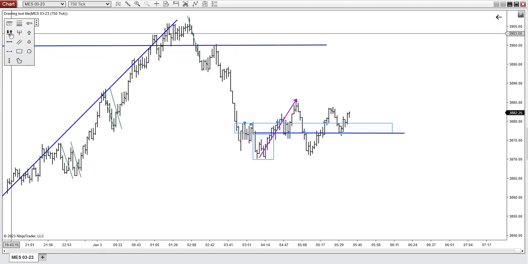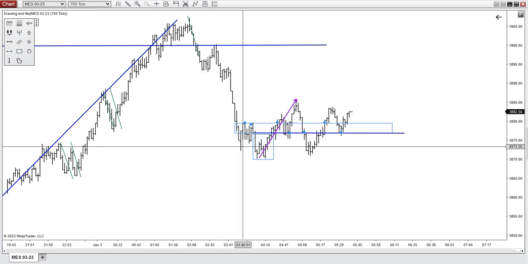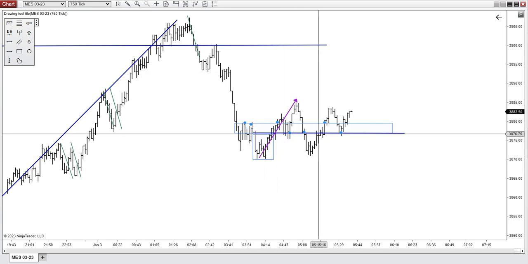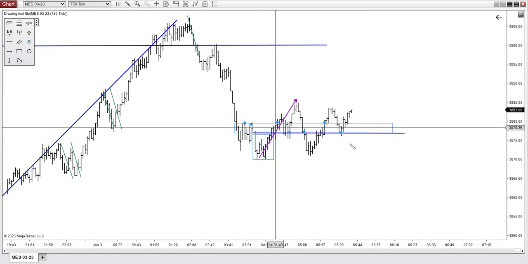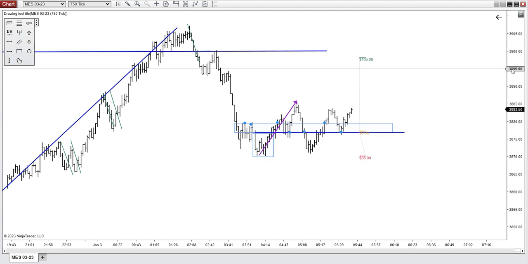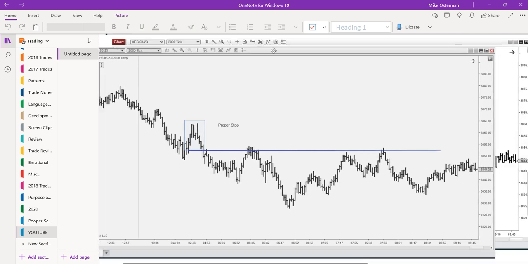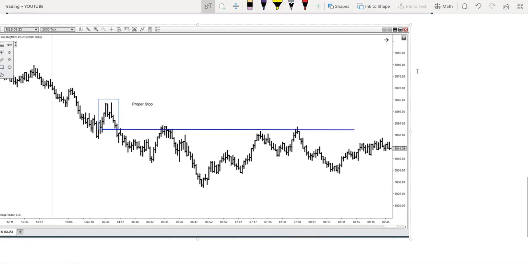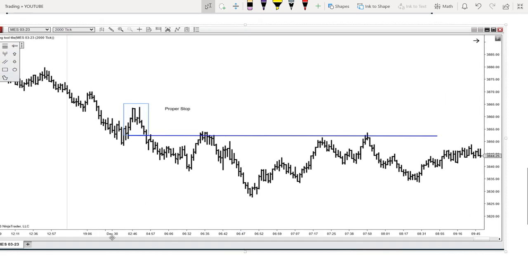And one of the things that I like is to hide behind these washes, right? Because price comes down, washes out everybody, and then you can just buy this line. And if you buy this line here, your stop is right there, right? What's a proper stop? Proper stop is this right here, this piece of business.